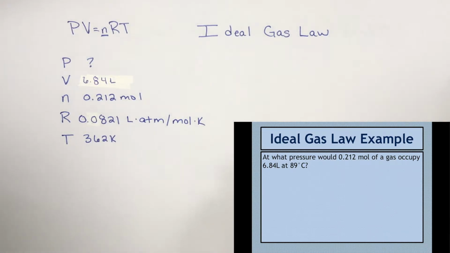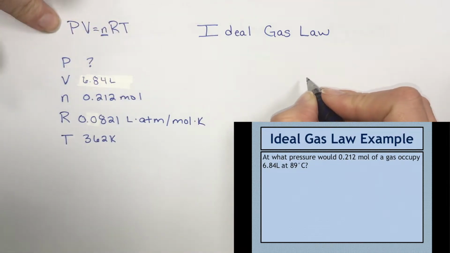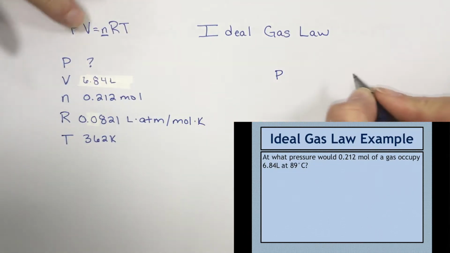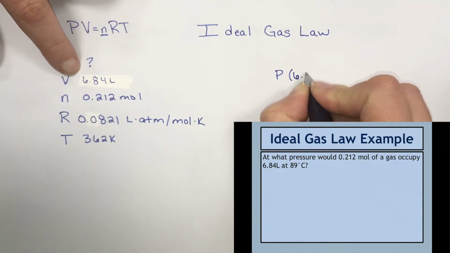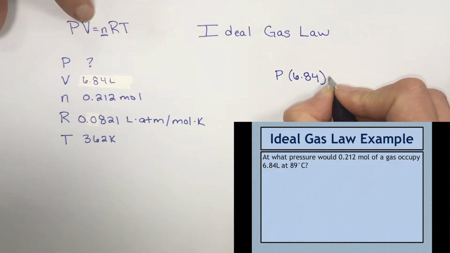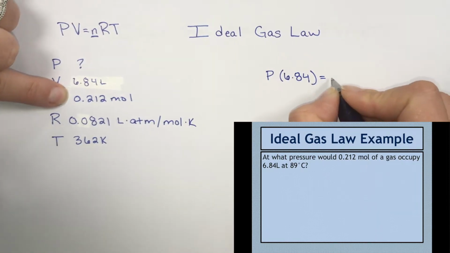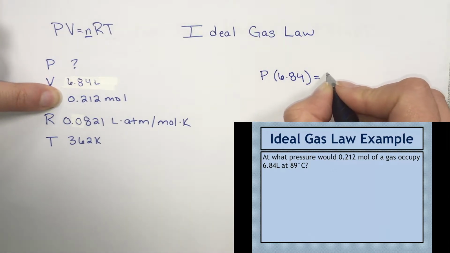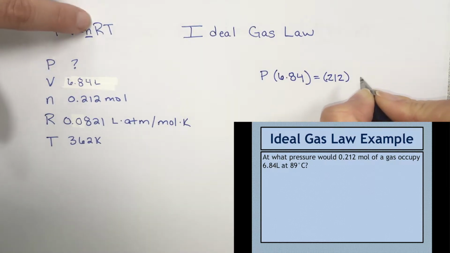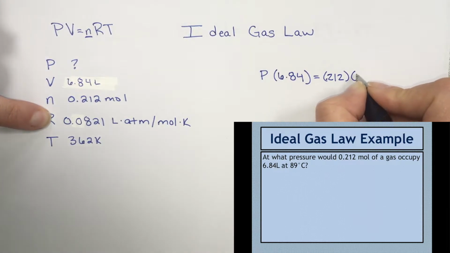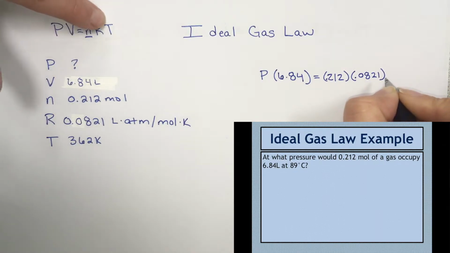So we need to isolate P. Let's go ahead and just write our equation out. So P, we don't know, right? Volume, 6.84 liters, equals, the question gave us moles, so we don't have to convert, 0.212 times the constant, 0.0821 times temperature.